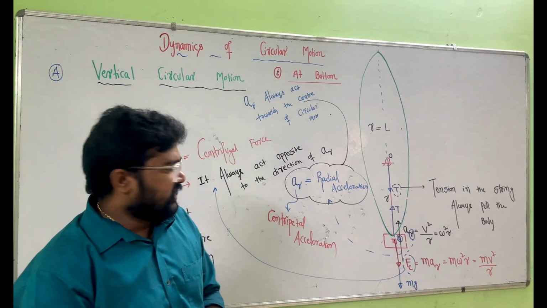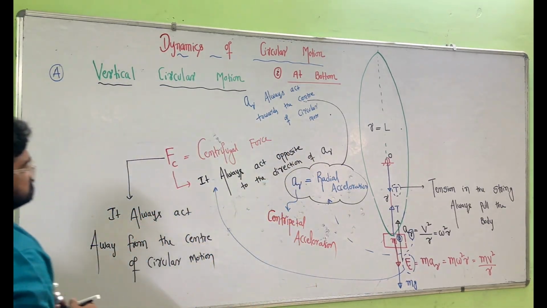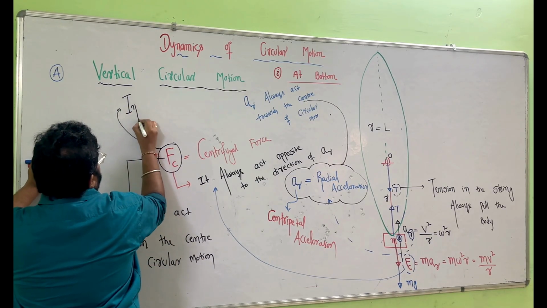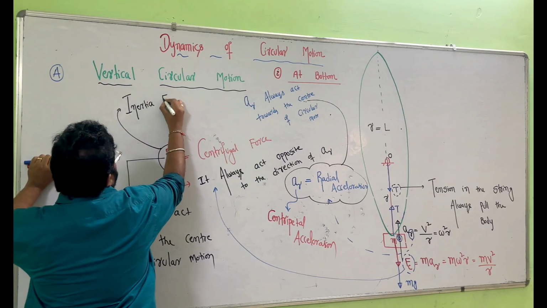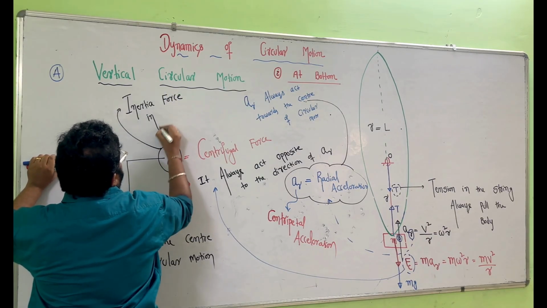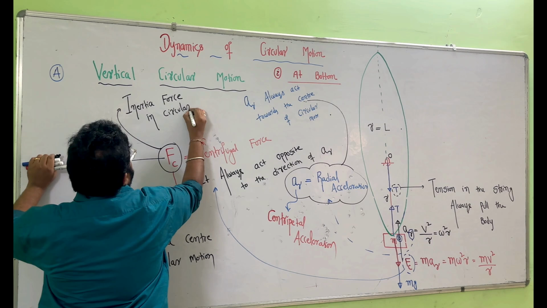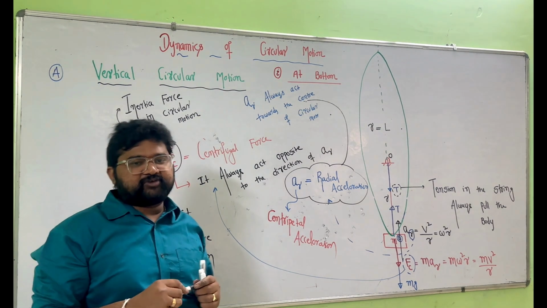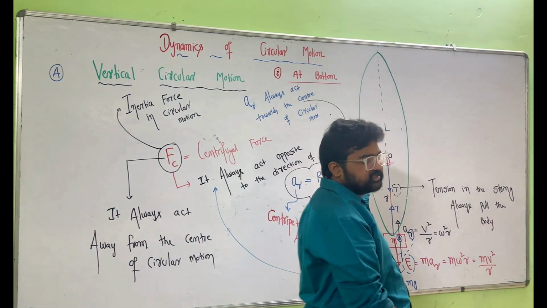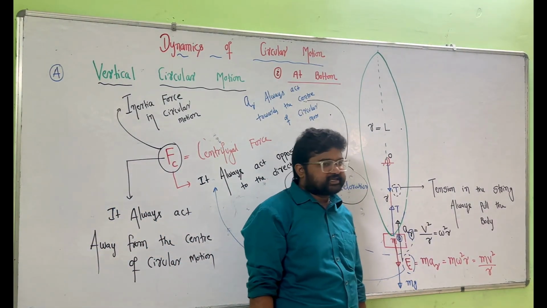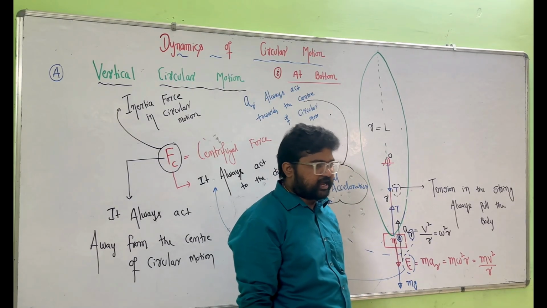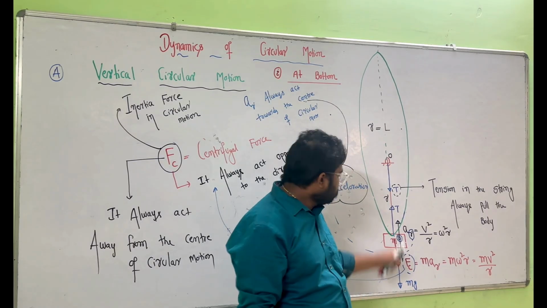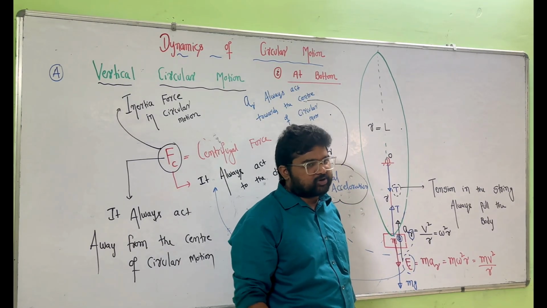Centrifugal force is the inertia force in circular motion. Inertia force always acts opposite to the direction of acceleration. In this case, radial acceleration is towards the center of circular motion, so centrifugal force always acts opposite to it, away from the center of circular motion.